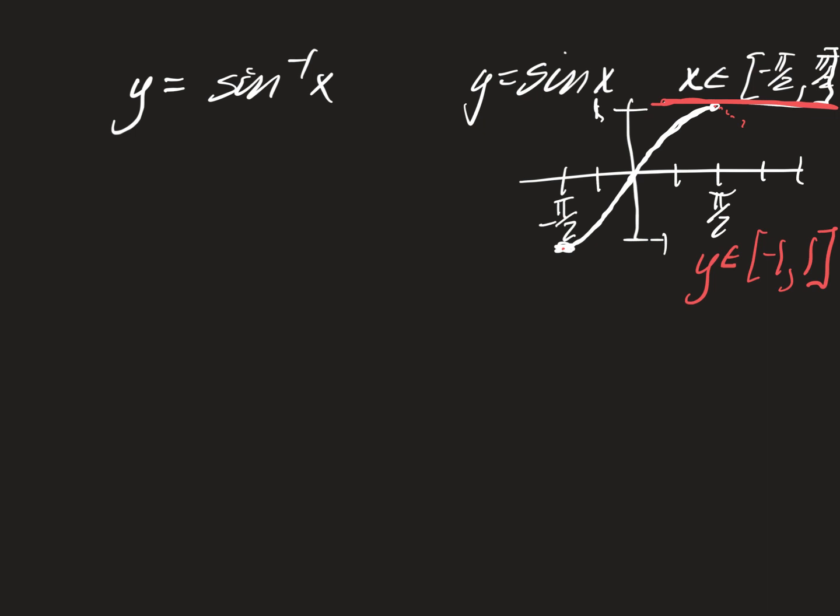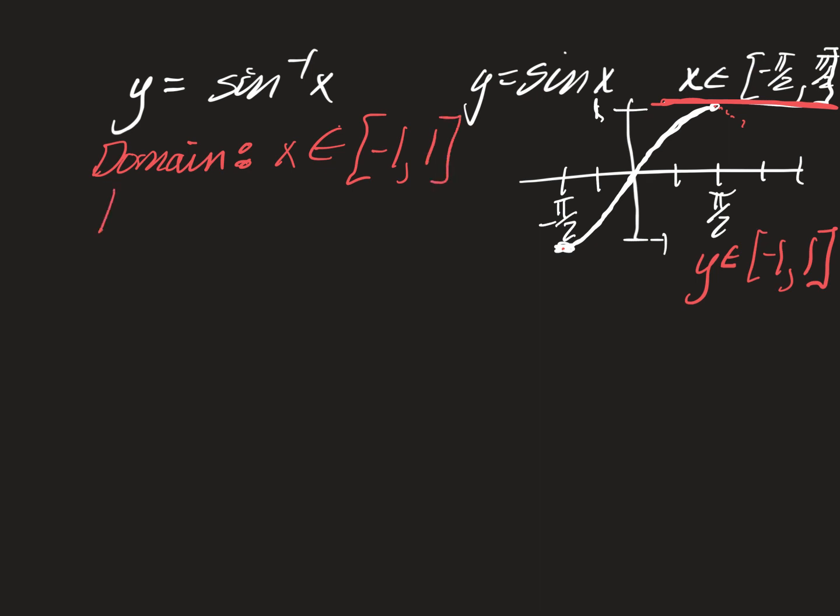So what does that mean about y equals inverse sine of x? And we're going to talk about these graphs a little bit more tomorrow. But what it means is that the domain of the inverse sine of x is x values from -1 to 1. All right?